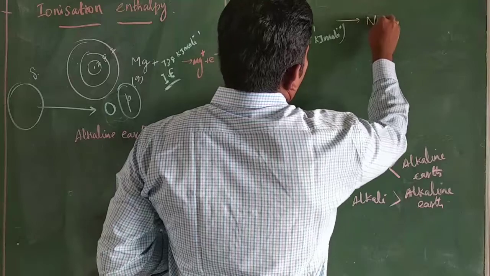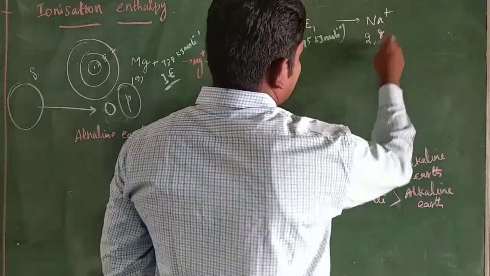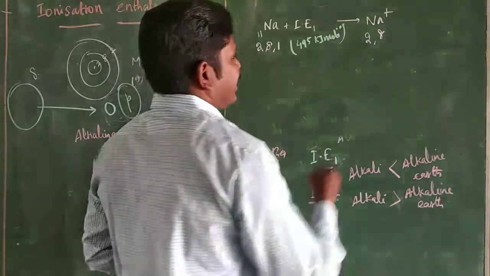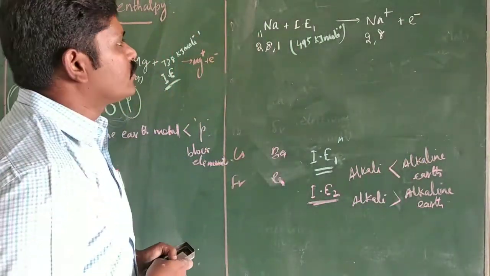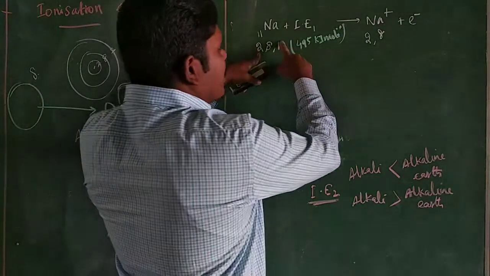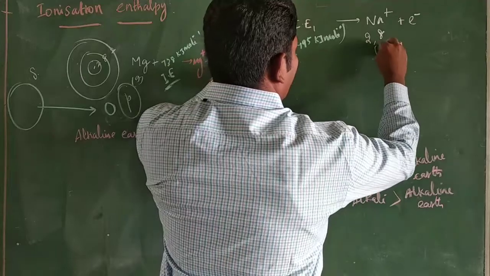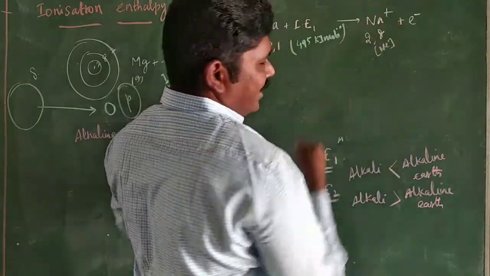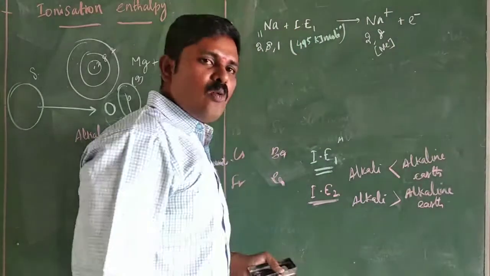Na is converted to Na plus by loss of one electron, giving the electronic configuration 2,8. Alkali metals lose one electron to reach the noble gas, neon, electronic configuration, so the Na plus ion is more stable.